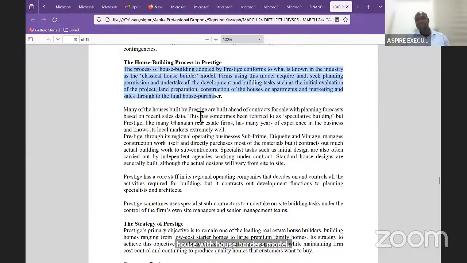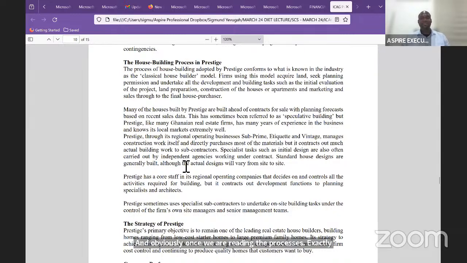Firms using this model will acquire the land, seek planning permission, undertake all the development and building tasks, such as initial evaluation of the project, land preparation and construction, and then marketing and sales through to the final house purchase. So this clearly should tell you that the company has a process in place to put their houses together, and I would want you to go over each of the processes. If there's any need to make a recommendation, you have to do it. And obviously, once we are reading the processes, you can replace it with the value chain.